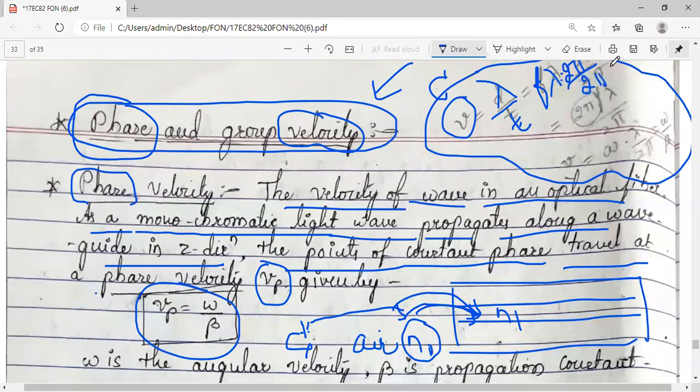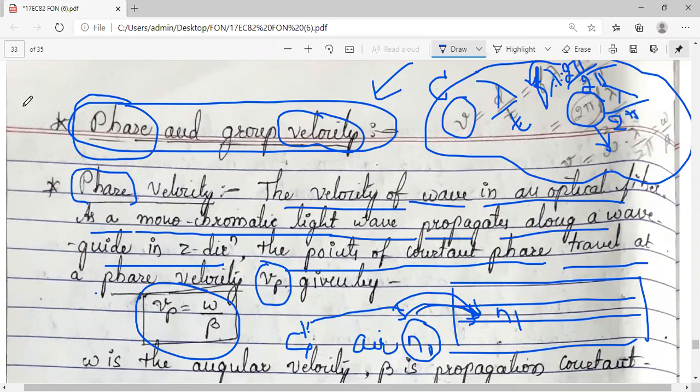If I do this, I can club 2 pi f, I can club all together, leaving lambda separately. 2 pi f will become what? 2 pi f altogether will become omega. And I'm left with lambda in the numerator, denominator में 2 pi है.